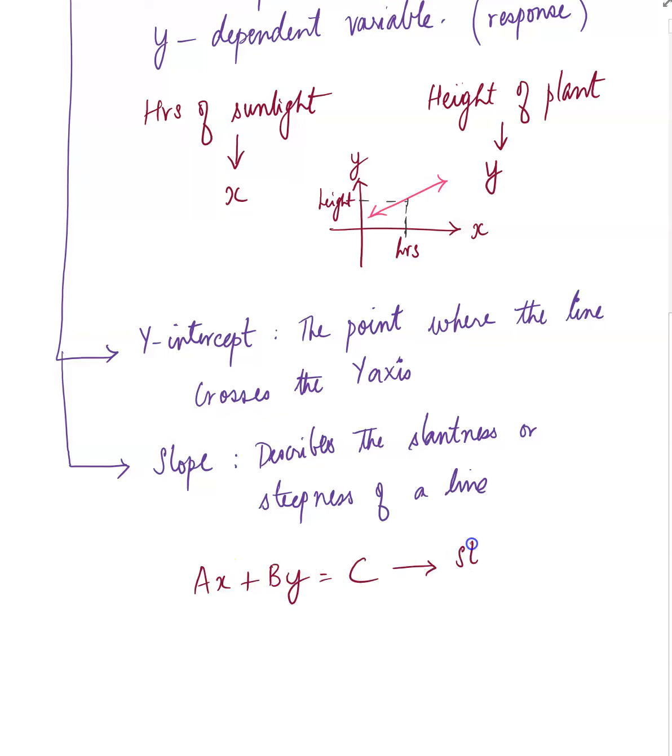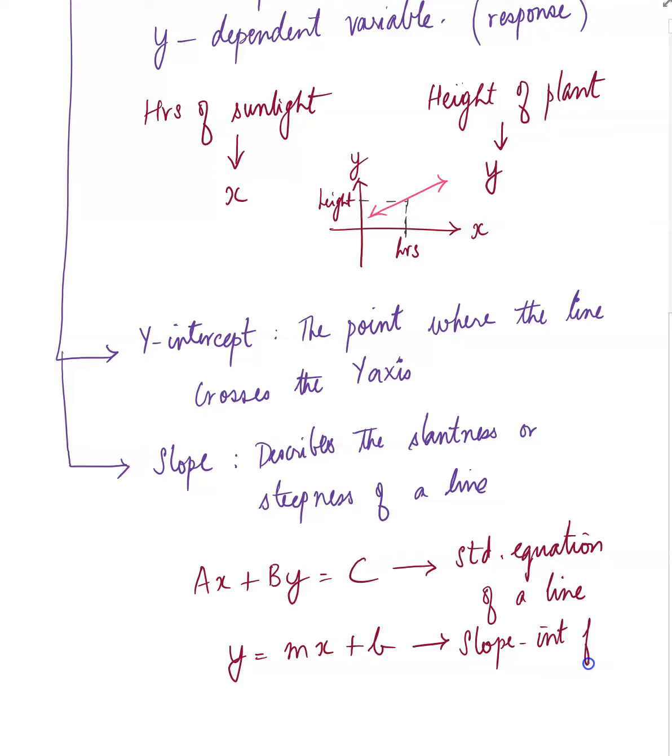This is the standard equation of a line. Then we saw y equals mx plus b. This was the slope-intercept form. Then we also saw y minus y1 equals m times x minus x1. This was the point-slope form.